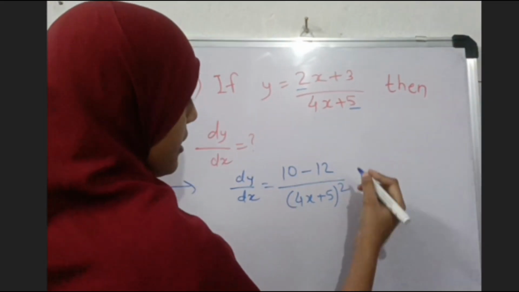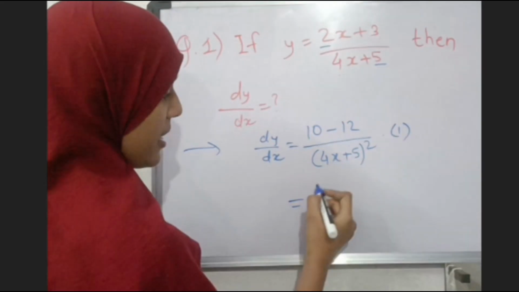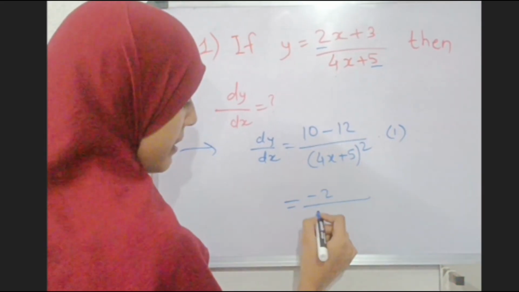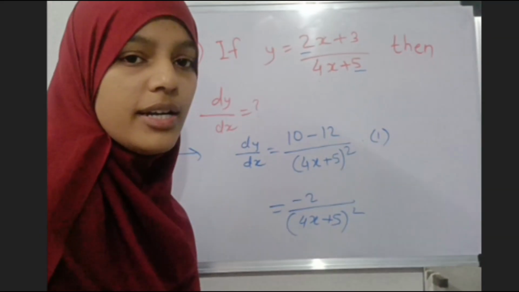Here the function is x, so our f dash x will be 1. So 10 minus 12 is nothing but minus 2 divided by (4x plus 5) whole square. This will be our dy by dx.